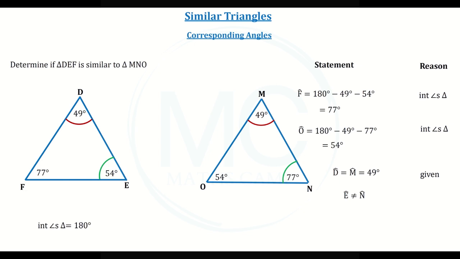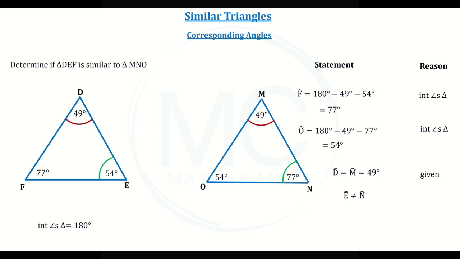In order to prove that two triangles are similar, all three pairs of corresponding angles must be equal. If one pair is not equal, the two triangles are not similar. Even though the two triangles include the same interior angles, we already have one pair of corresponding angles that are not equal. Because of this, these two triangles are not similar.